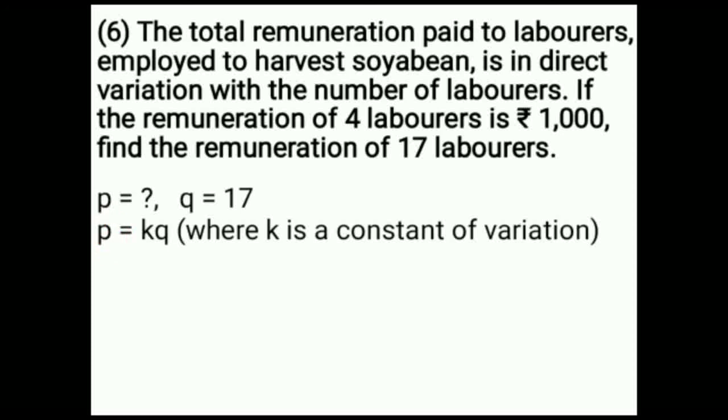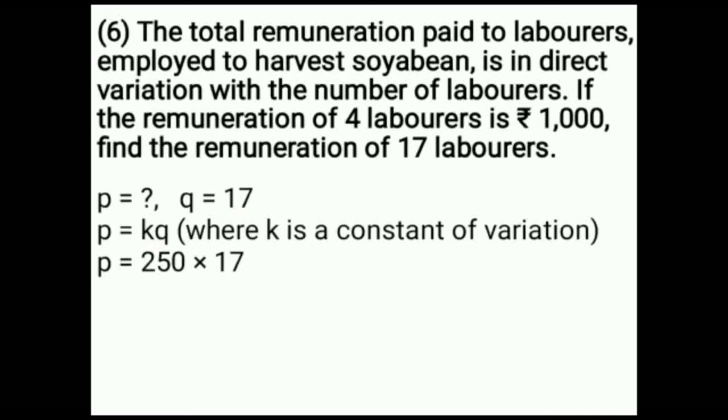Constant of variation K is equal to 250, which you already got as the answer. When you divided 1000 by 4 over here, you got the constant of variation K is equal to 250. So you have to substitute the value of constant of variation K is equal to 250, and Q value you have to substitute 17. Means you have to multiply this 250 into 17. P is equal to 250 into 17.